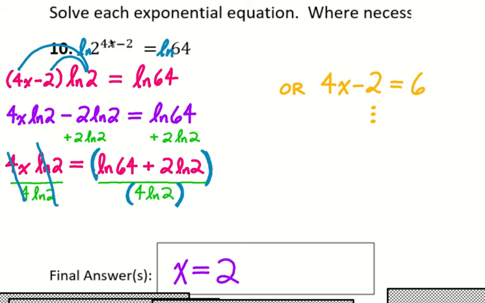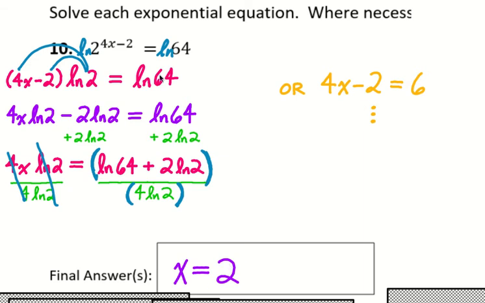So this 4x minus 2 must just be equal to 6, because again, 2 to the 6th power equals 64. So you can just do it a different way and set 4x minus 2 equal to 6 and just solve for x and you're going to get 2.